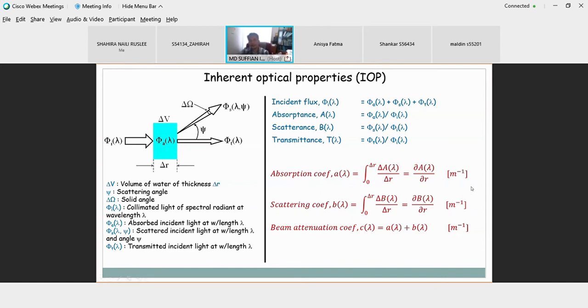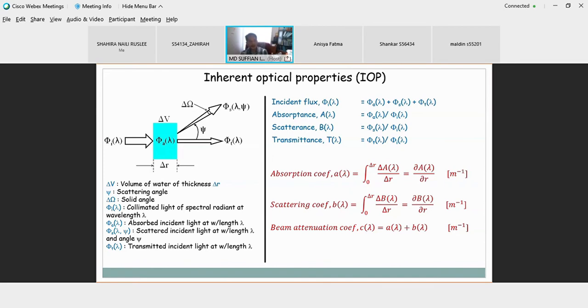Unit dia adalah per meter, berapa banyak cahaya yang diabsorb per meter. Begitu juga dengan scattering coefficient, is the ratio between scattering, the fraction of light scattered, divided by the distance or the thickness of water column. Unit dia adalah per meter, banyak cahaya yang di-scatter ataupun dibiaskan per meter water column.